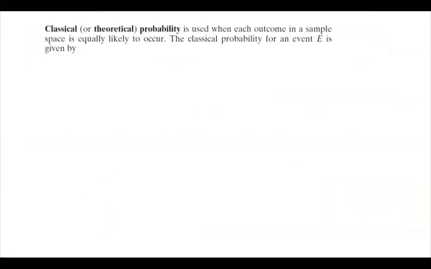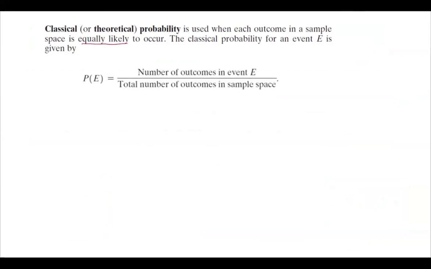Now, classical or theoretical probability is used when each outcome in a sample space is equally likely to happen. When we are dealing with the probability of an event, it is the number of outcomes in that event, n of E, the size of that event, divided by the size of the sample space, or the cardinality of E over the cardinality of the sample space.